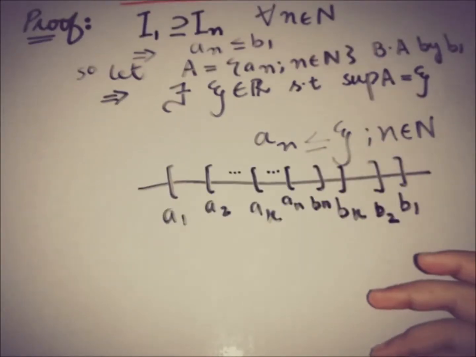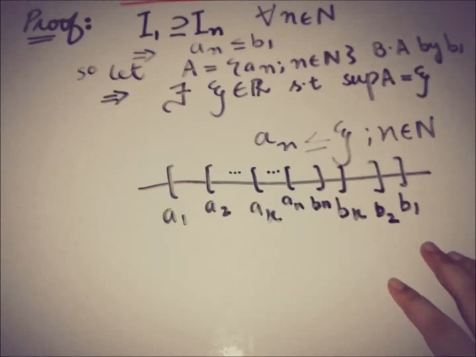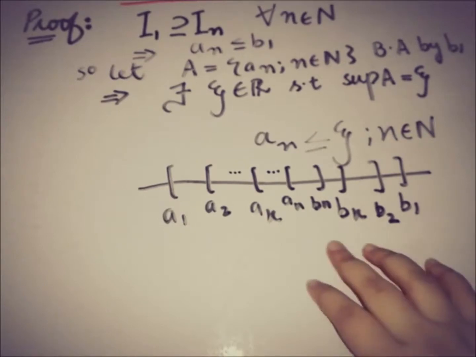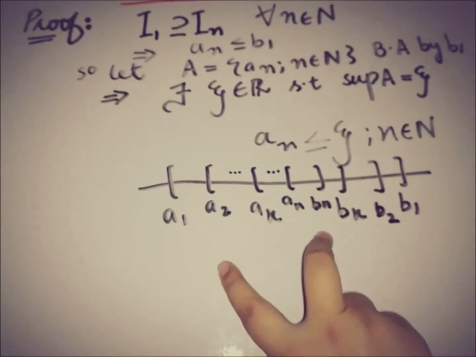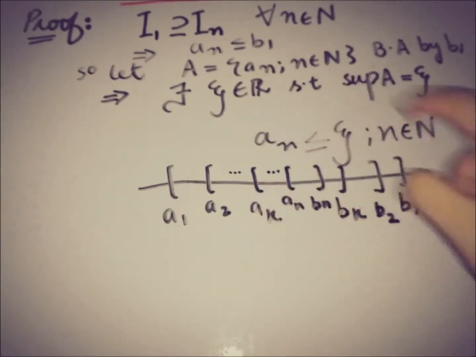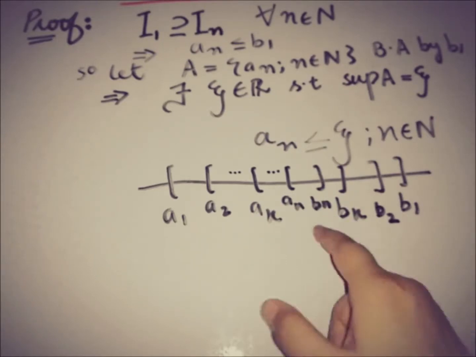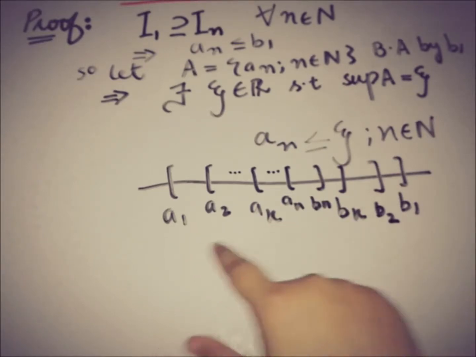So now in general, if we're looking at this figure, Bn is also an upper bound of this set A, because Bn is always greater than or equal to every a_i.